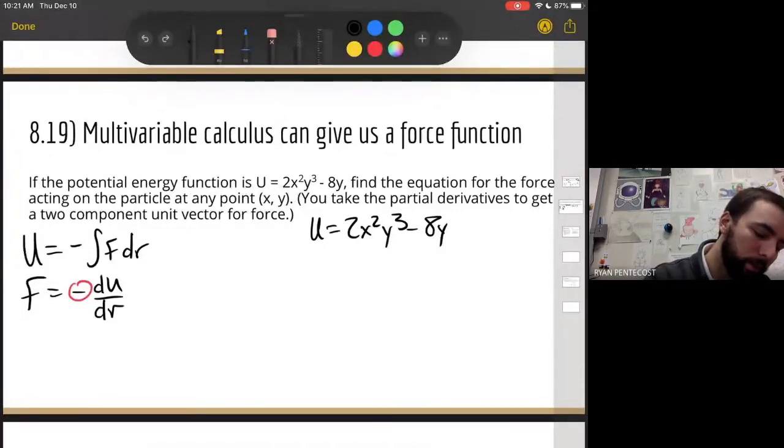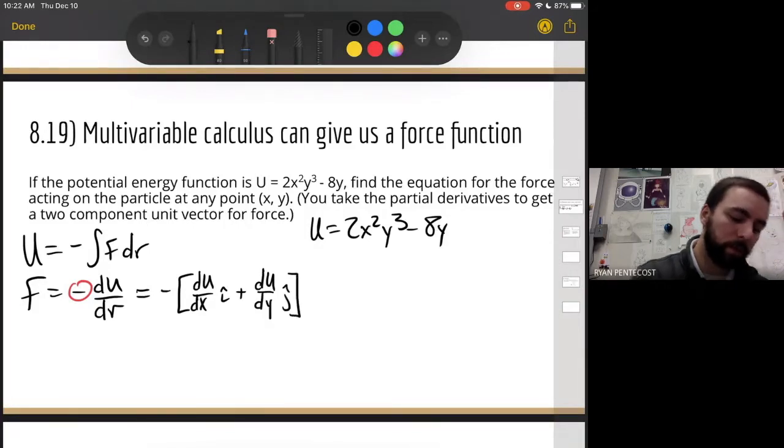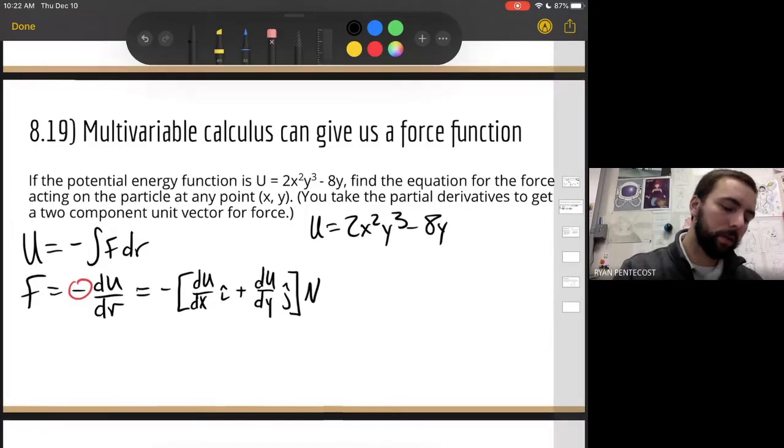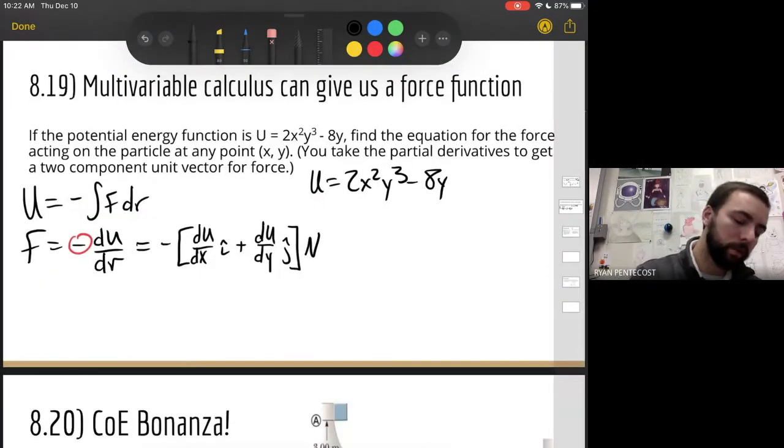So we will have the negative derivative of energy with respect to x, and that will be the i hat of the vector. Then you'll have dU dy, and that will be the j hat of your vector, and that will all be in newtons. So let's find these two derivatives.